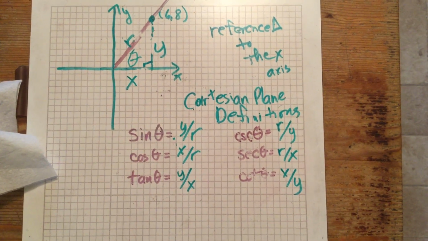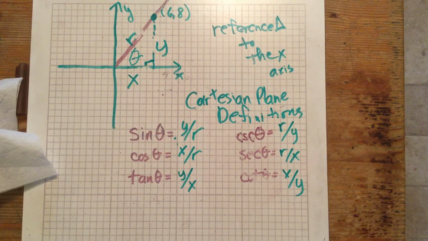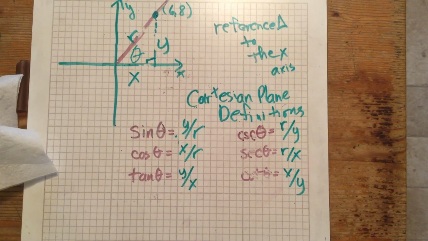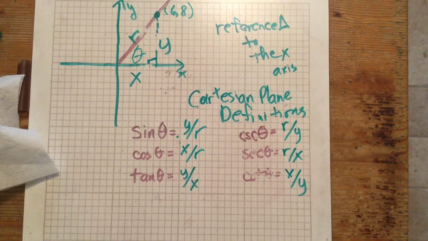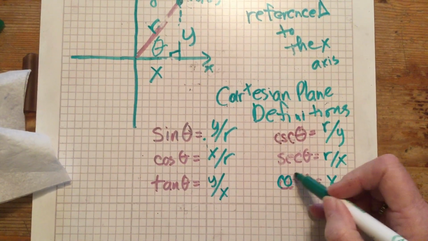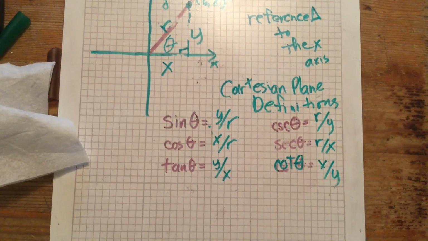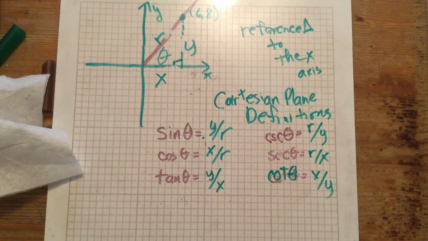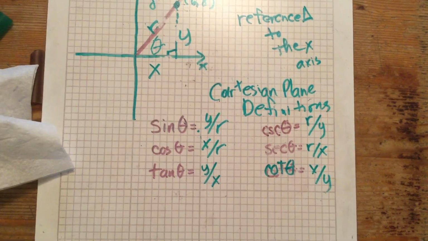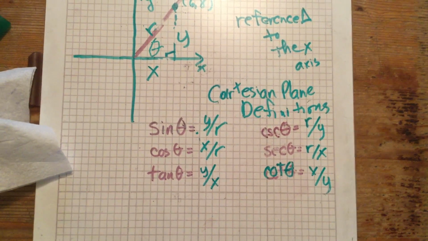You need to know sine is y over r, cosine is x over r, tangent is y over x, cosecant r over y, secant r over x, cotangent, I kind of rubbed that out, that says cotangent here, C-O-T. Cotangent theta is x over y. Memorize, memorize, memorize. I'm going back on with another video to show you different quadrants and why these definitions work.